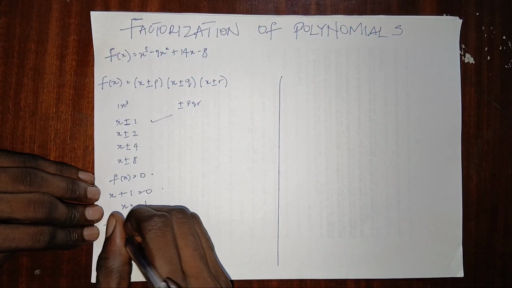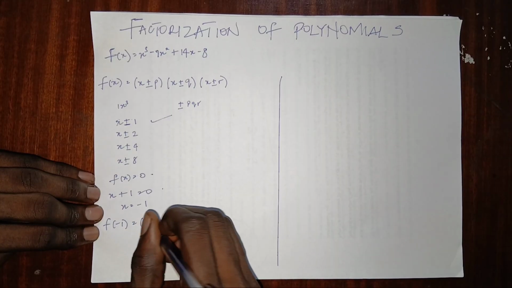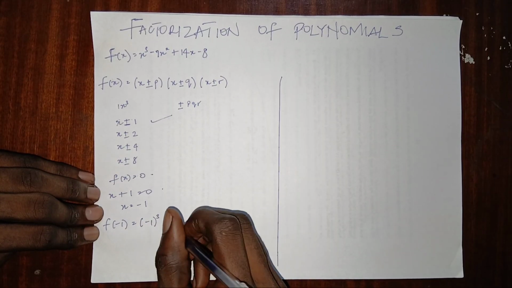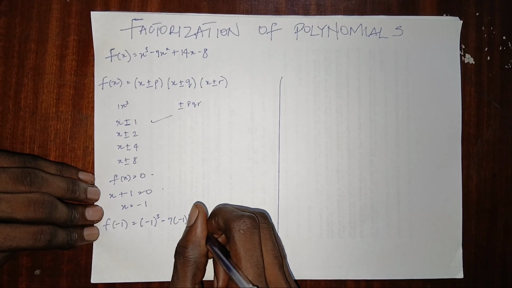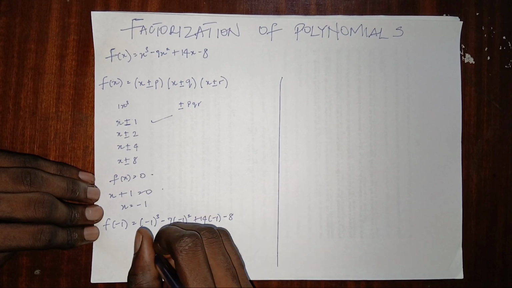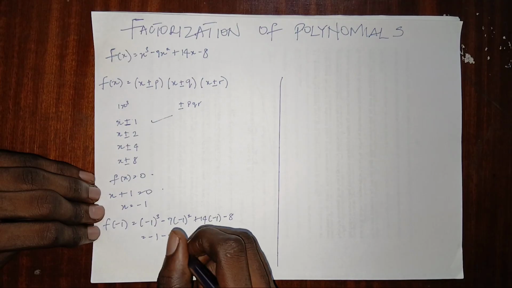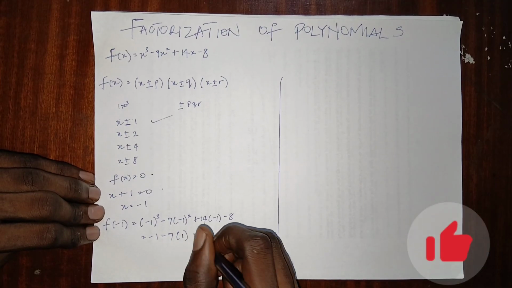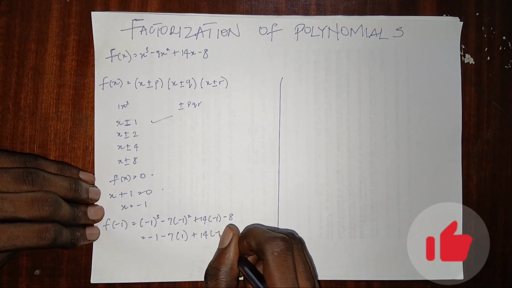You have minus 1 cubed, minus 11 times 1 squared, plus 14 times minus 1, minus 8.